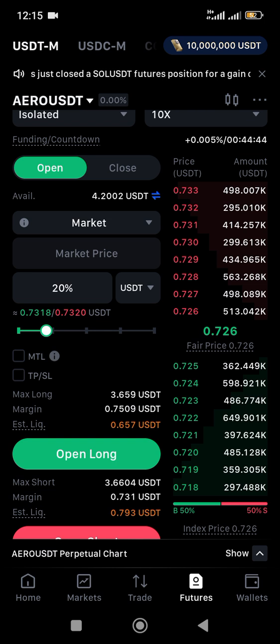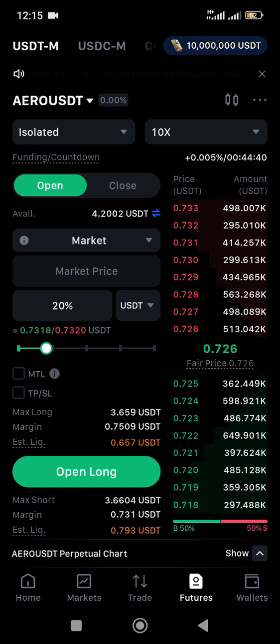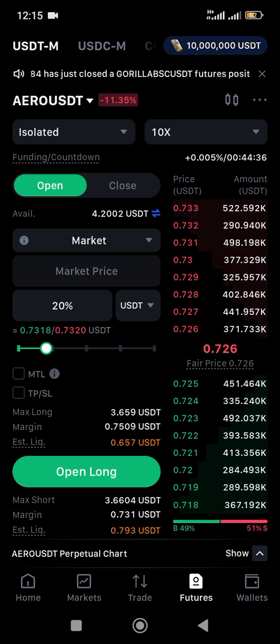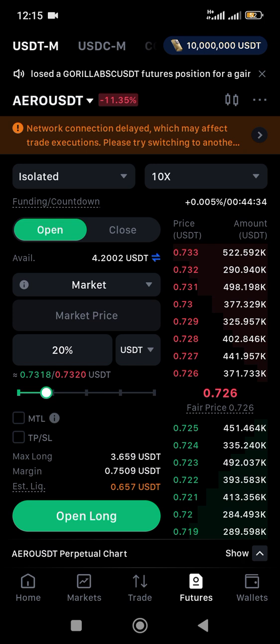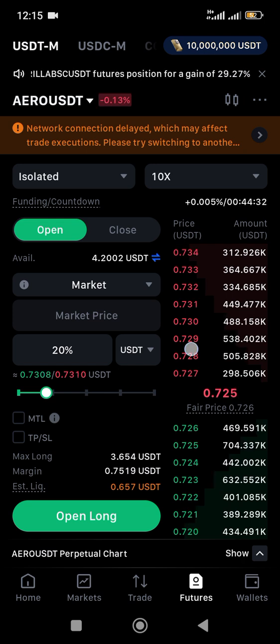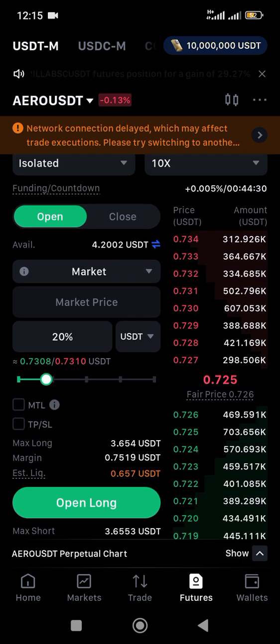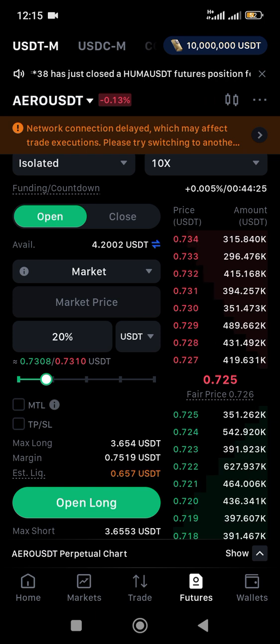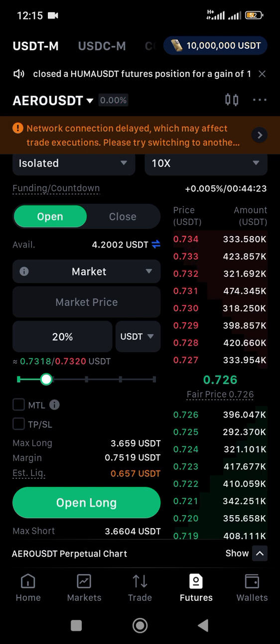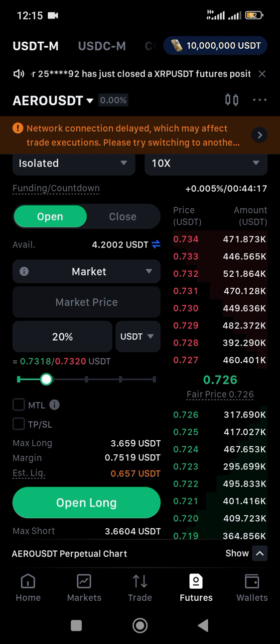Don't use all your capital in trading at once. You can use at most 10% of your account. As a beginner, don't use more than 10% of your total capital to trade at a time. Use between 5 to 10% of your account to enter each trade.